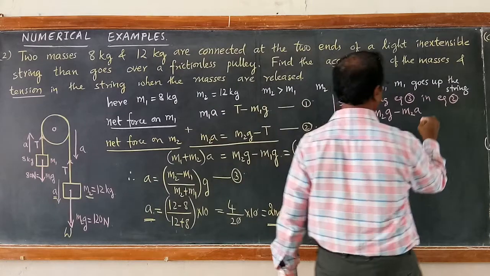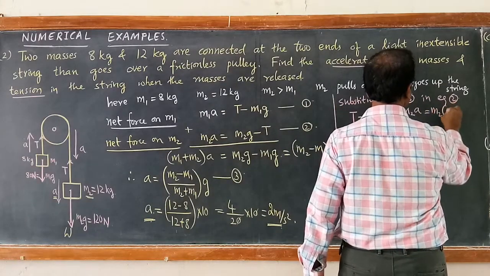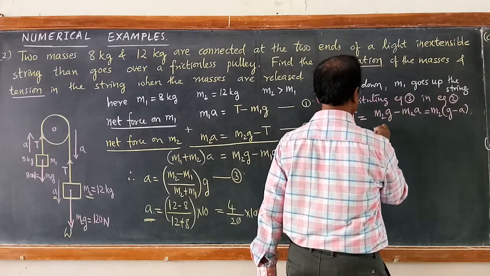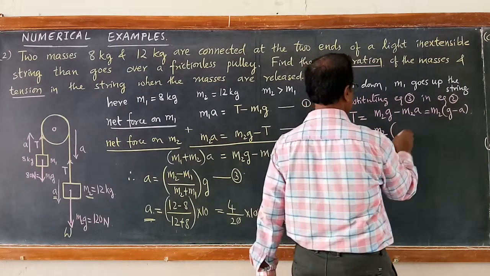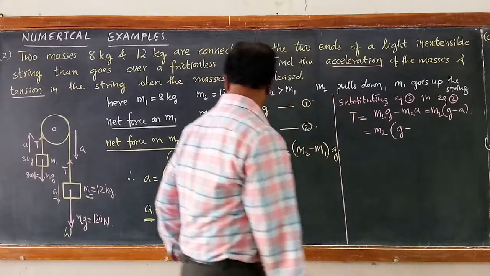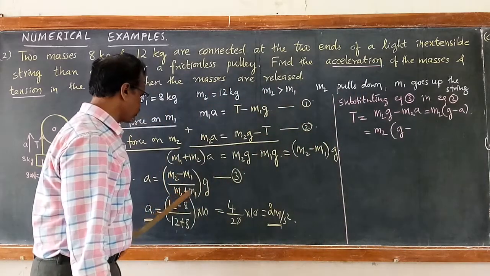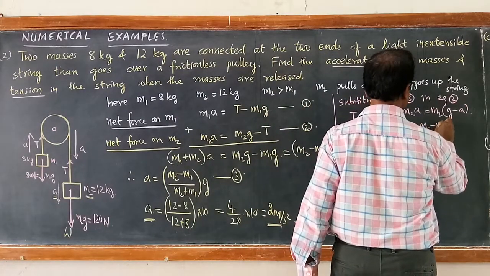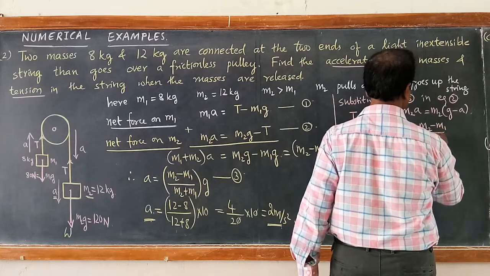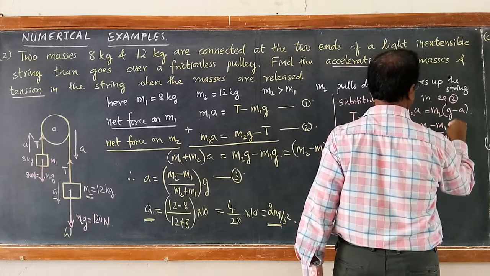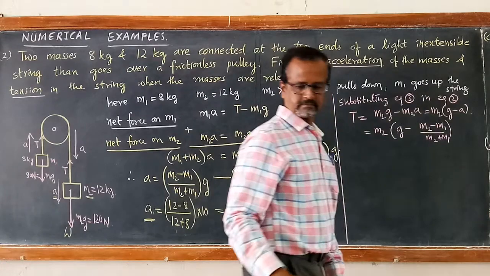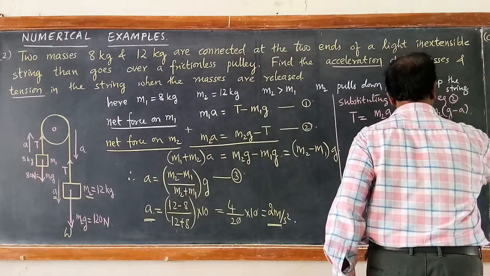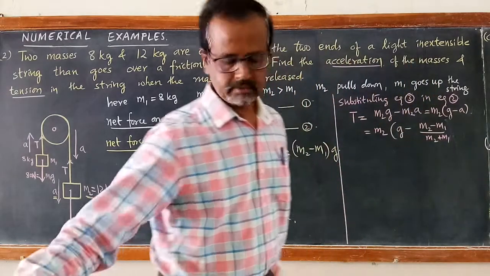Take M2 common, M2 into G minus A. Now substitute the value of A. So that becomes M2 into bracket G minus, what is A? M2 minus M1 divided by M1 plus M2 into G.